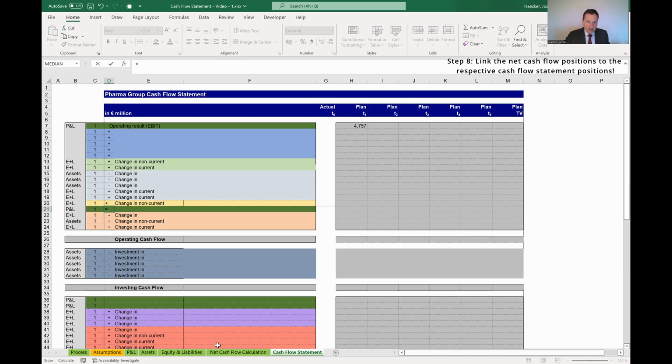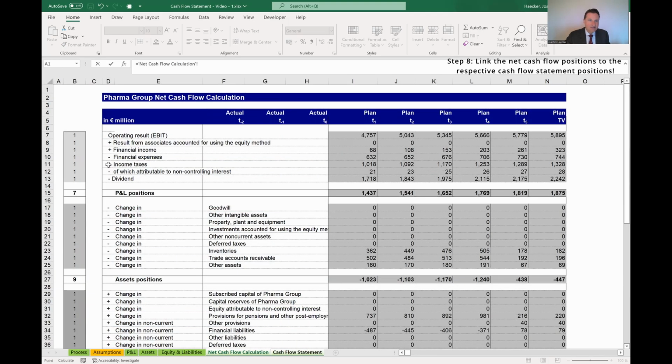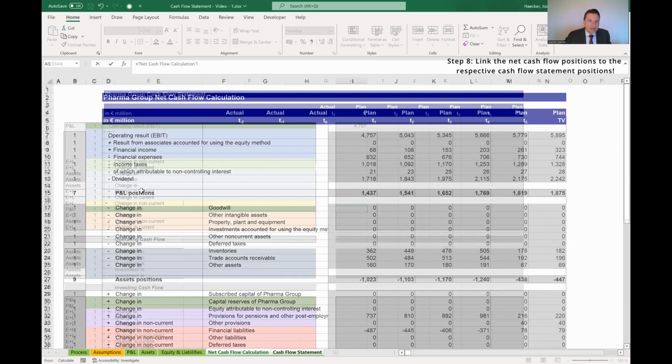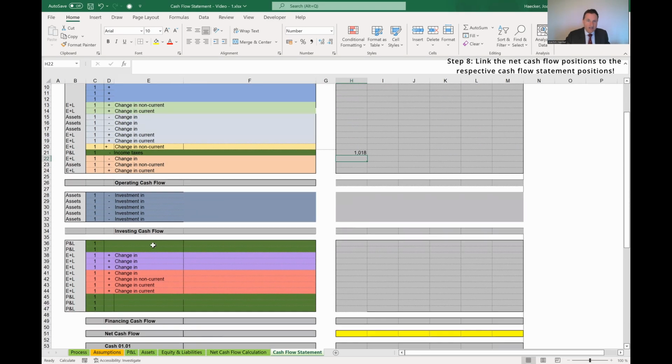So we'll take the taxes into consideration, income taxes. In our case, taxes equals 1,018,000,000. So we are done in terms of operating cash flow.